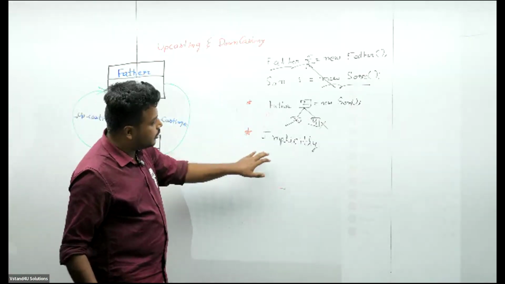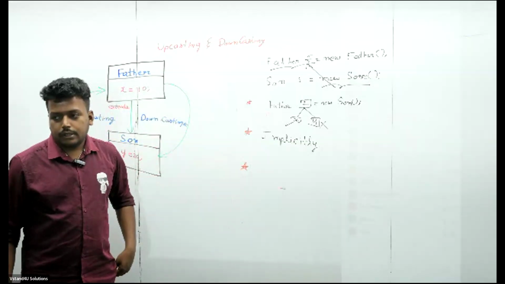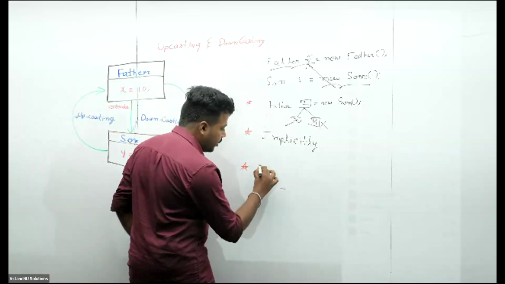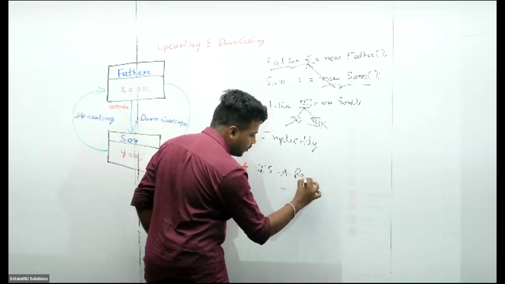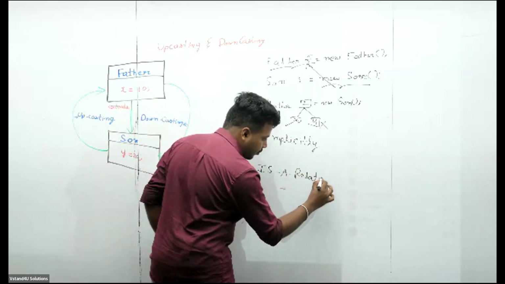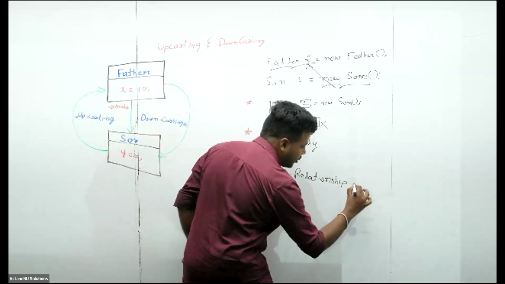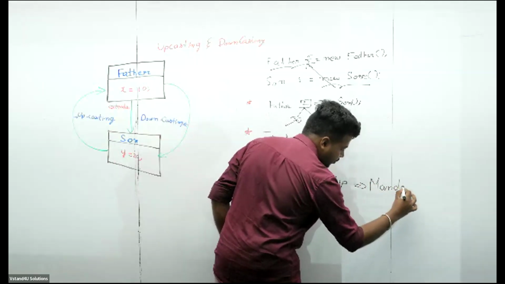So upcasting is done implicitly. Now listen to the third point. For upcasting, an is-a relationship is mandatory. What is meant by an is-a relationship?